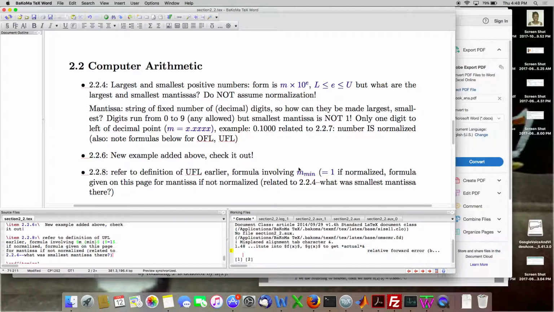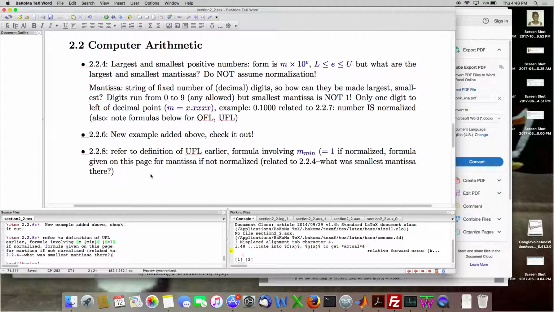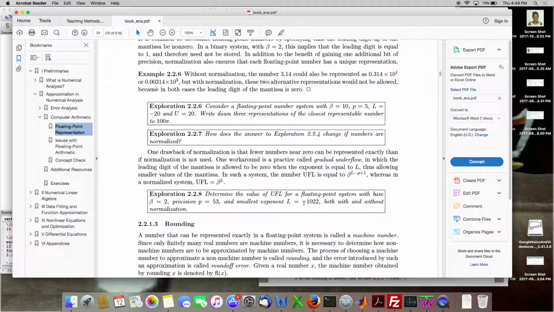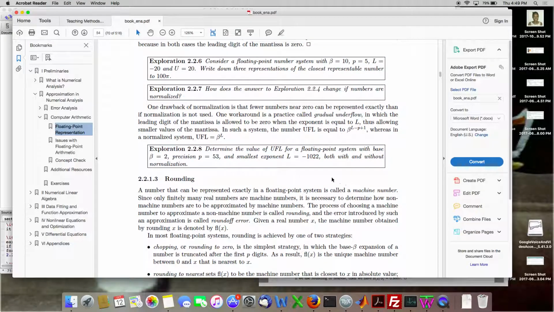It's the same point about what makes the smallest possible number, the smallest possible mantissa, that's coming up again and again, in the hope that after working through all of these, it starts to sink in. So making the smallest number deals with the mantissa, making that as small as you can, and also the exponent part, making that as small as you can with the smallest allowed exponent, like minus 1022 in this case. So the case without normalization gives you the actual smallest number that MATLAB acknowledges.